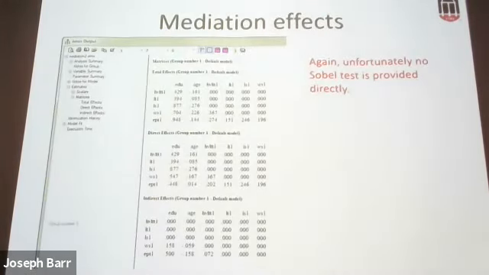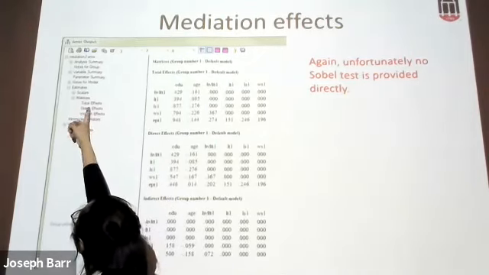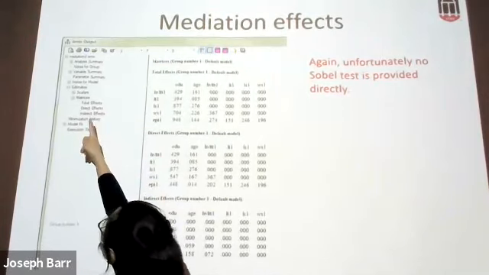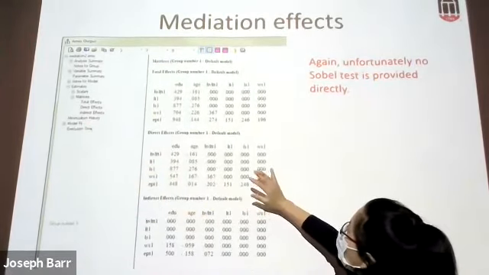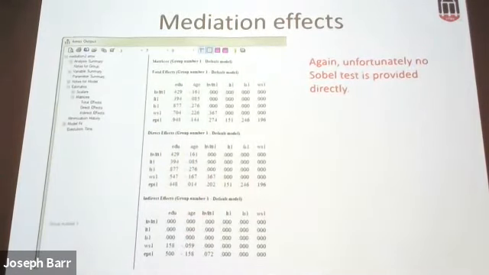And just like in our simple case, if you want to check the mediation effects, you need to check the box, okay, indirect effects. After you check that one, you have the report for total effects, direct effects, indirect effects, mediation part. But again, those are just point estimates.